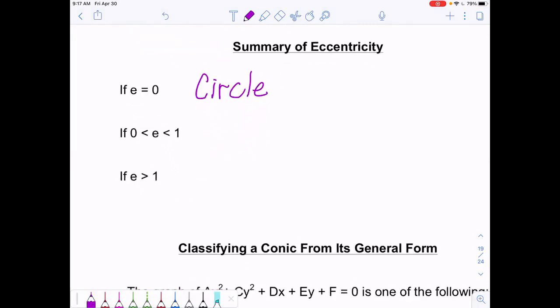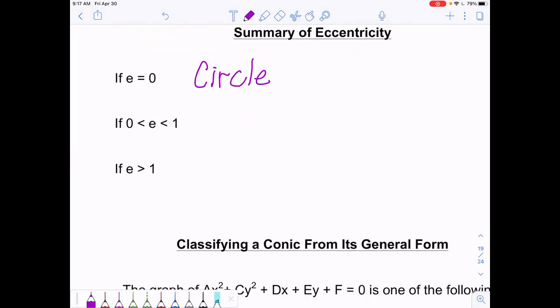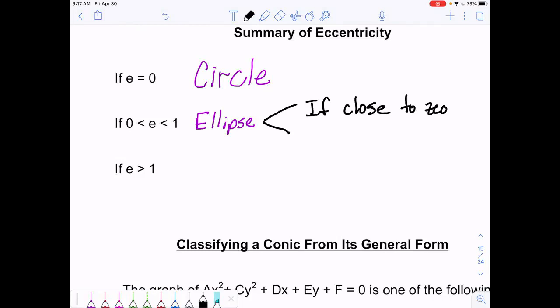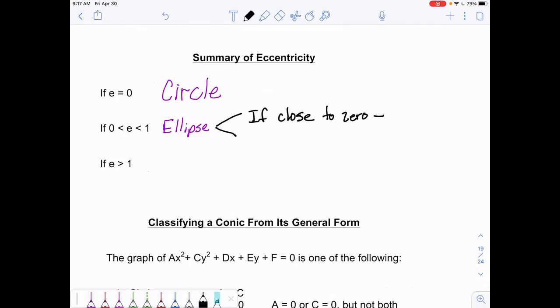The second one in the middle, if E is between 0 and 1, then it's an ellipse. And there's two parts that we can kind of branch off. If it's close to 0, apparently spelling is tricky for me today, the graph is circular, or close to being circular.